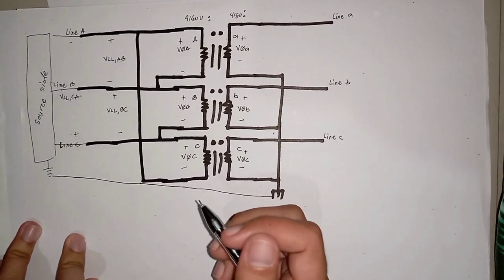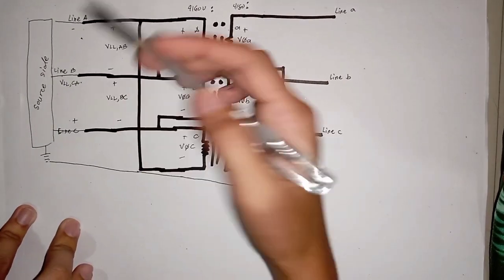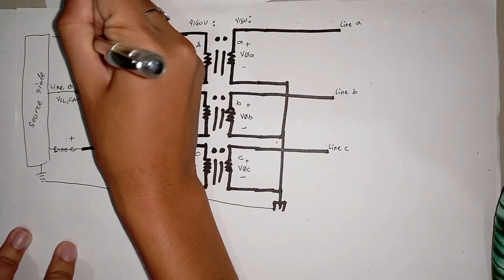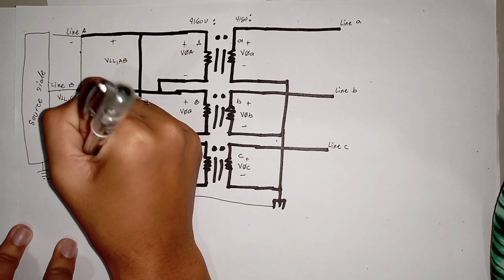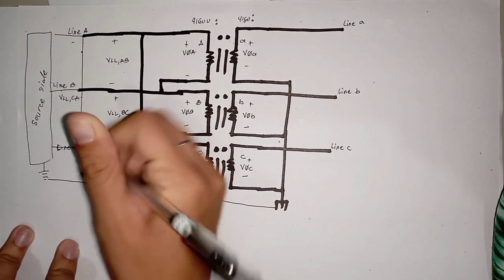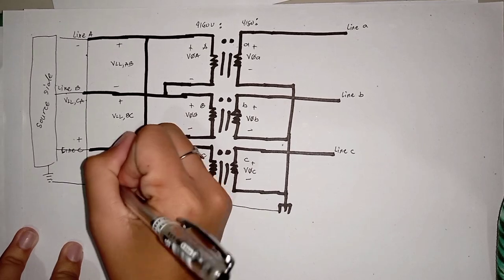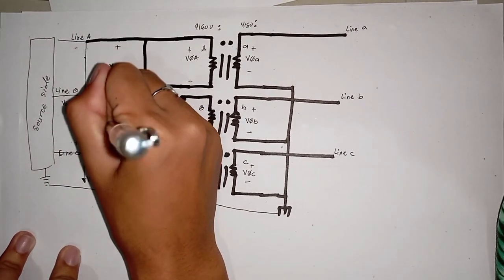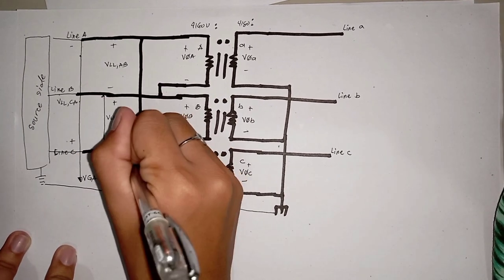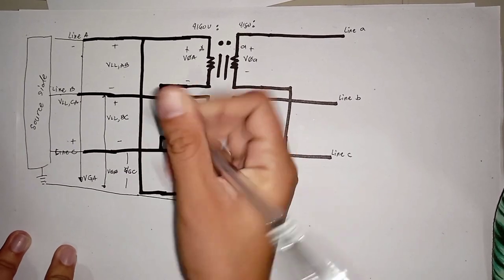So this is our line A. Line here to here is our VGA, from here to here is our VGB, and this is our VGC.